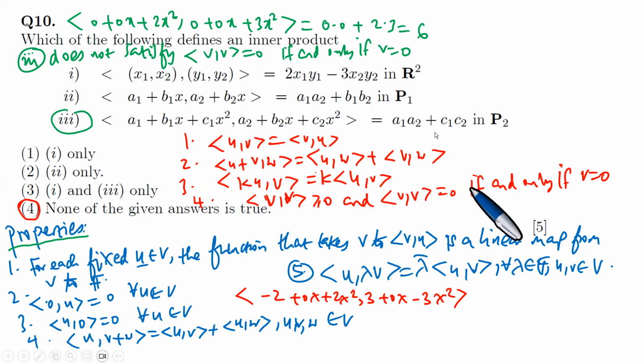According to these, what would this be? It says multiply the scalars, multiply A1, A2. So you're going to multiply this with that, so that's going to be -2 together with 3. And then you multiply C1, C2, the coefficients of the quadratic terms.